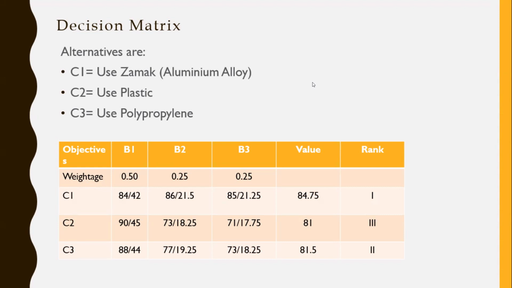Sorry, there's something wrong. Each of these B1, B2, B3, the ranking for that should be given, right?